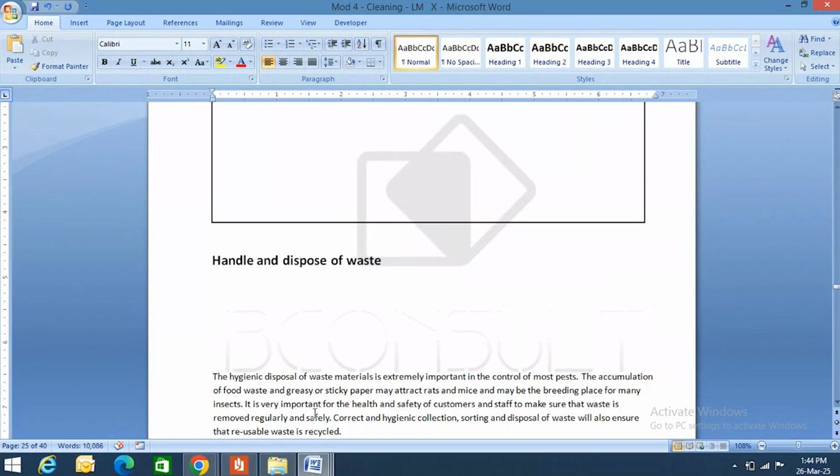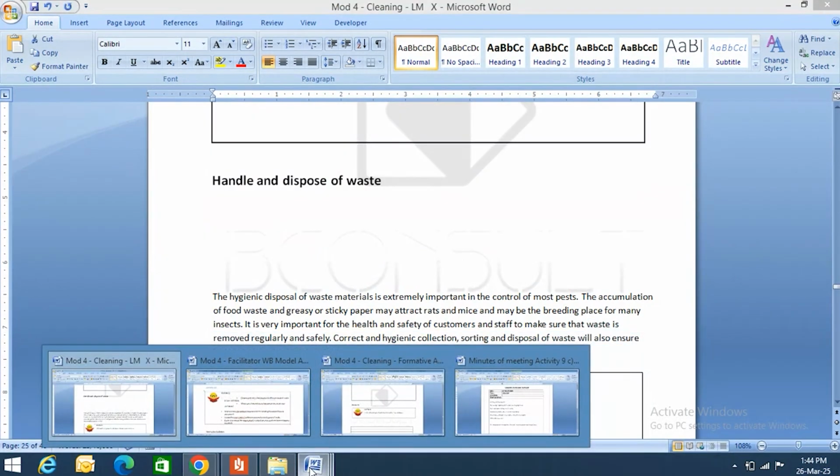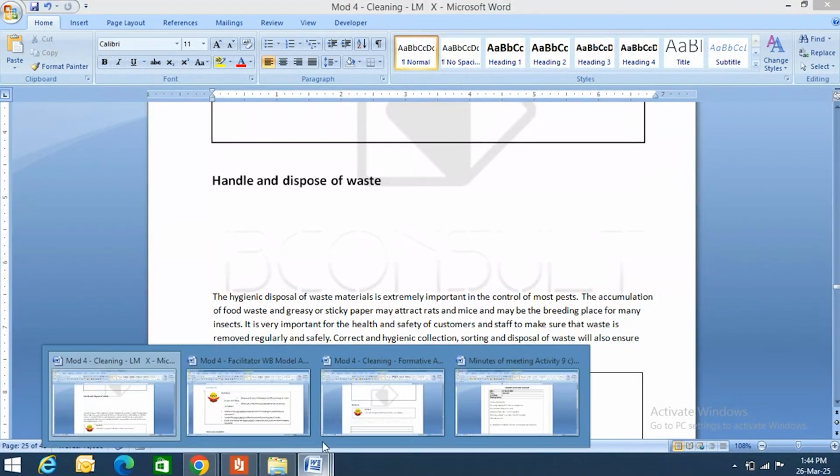So let's use this part here. So here's the answer for the first part of that question.